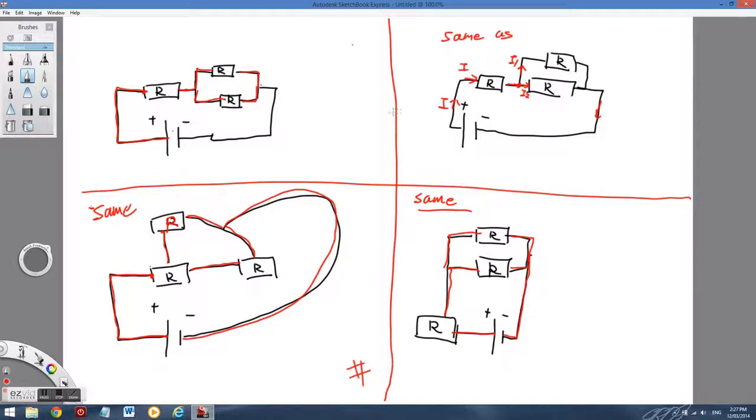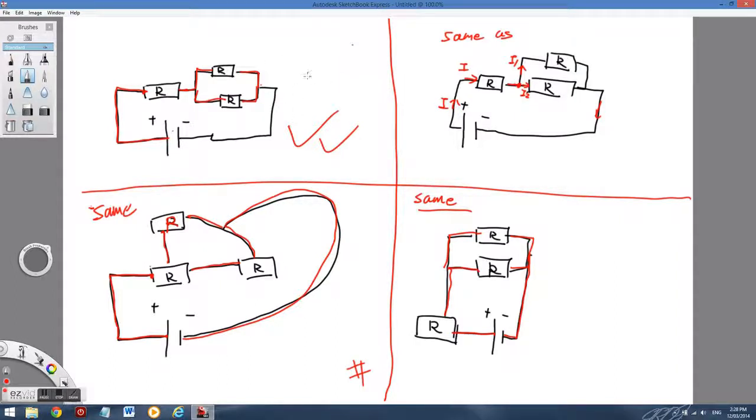So they're all the same. Sometimes in your notes you'll see confusing pictures of resistors arranged in triangles and squares. If you analyze them, you can easily break them into the simplest form, and then we can analyze it.